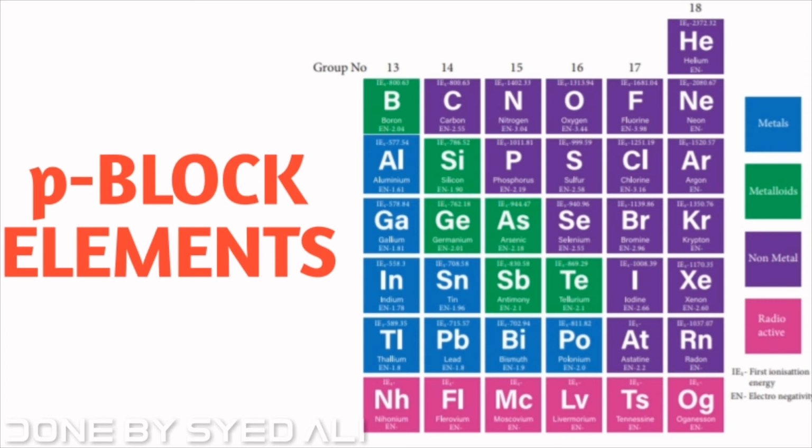The purple colored elements are called non-metals. The green colored elements are called metalloids. The blue colored elements are called metals. Finally, the pink colored elements are called radioactive elements.